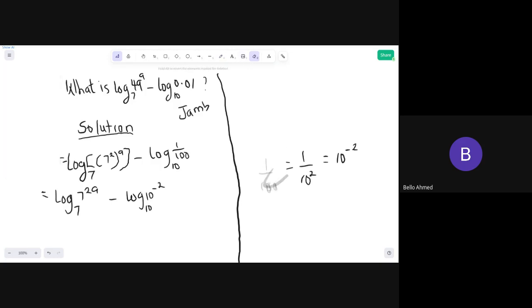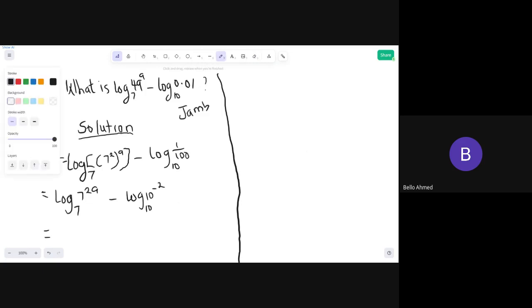Now, what is the next thing we're going to do here? Remember this law of logarithm also: when you have logarithm of n raised to the power of x base y, then this x, which is the power of the number, is going to come to the front. Then you're going to have x times logarithm of n base y, right? So that's what we're going to apply next. So the 2a is going to come to the front here, 2a, then logarithm of 7 base 7, minus.